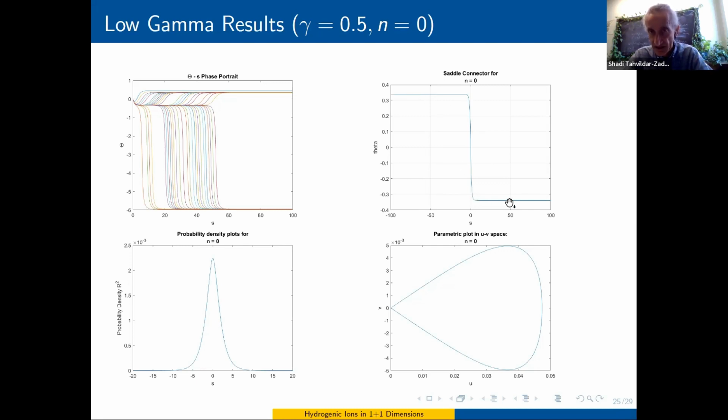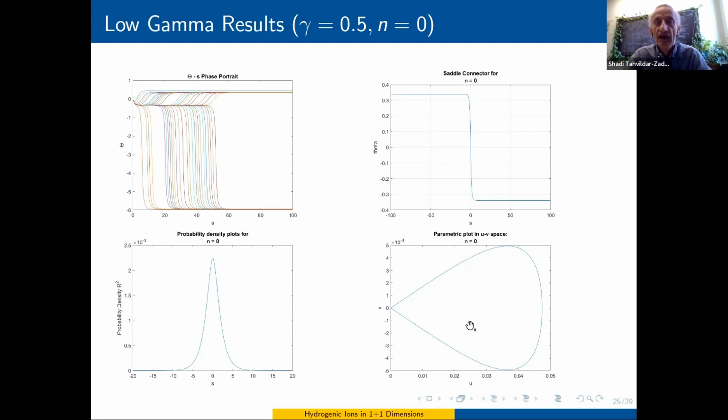And that's what the theta solution looks like. So this is the corresponding R. This is nice and decaying exponentially at the end. And this is the picture in the UV plane. You get this kind of curve. It starts at the origin, it goes around, and it comes back to the origin.